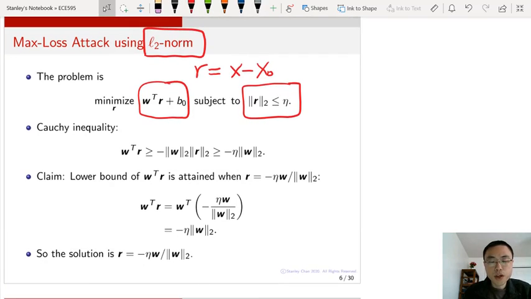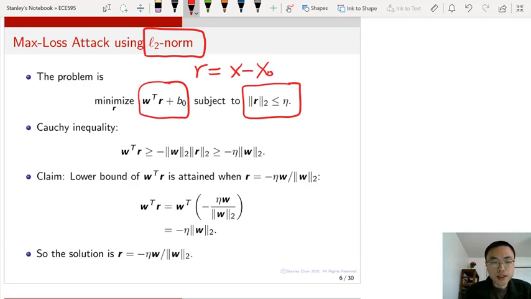At this point, I'm going to use the technique that I introduced in the last lecture, which is to apply the Holder inequality, or in this case a special case, the Cauchy inequality, to find a lower bound on the objective function. Consequently, if I can find a solution that meets the lower bound, then I have found the minimizer.